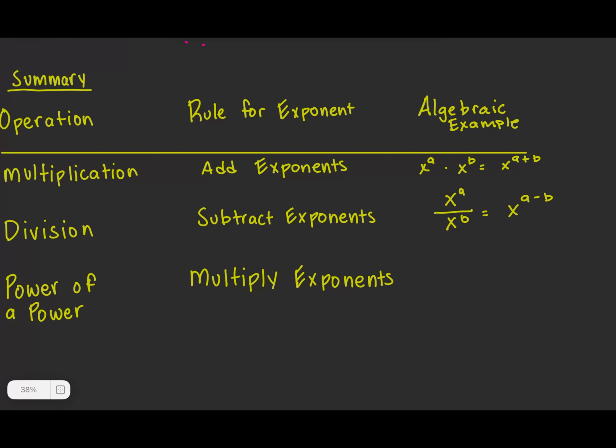If you're taking the power of a power, you're going to multiply those exponents. So let's give that example. We have x raised to the power of a, which is then altogether raised to the power of b. So this is the same as saying x raised to the power of a times b.